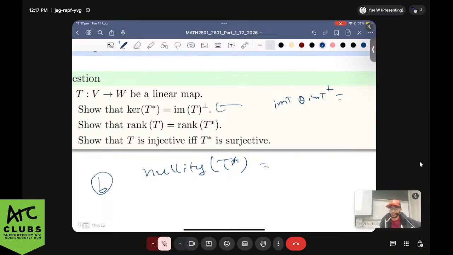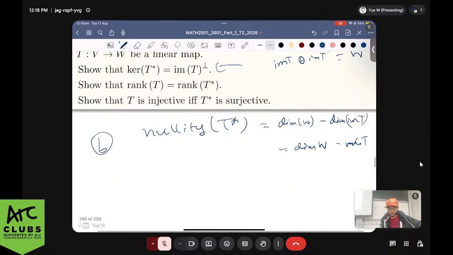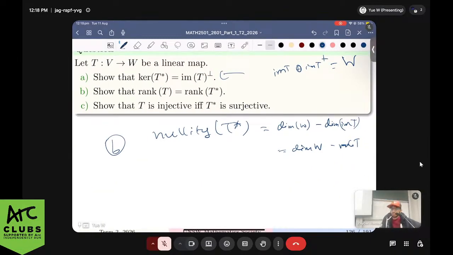It's not going to be V, because the image of T is in W. So it's going to be W. So the dimension of the orthogonal complement is the dimension of W minus the dimension of the image of T, which is dim W minus rank T. Now rearranging, you get rank T equals dim W minus nullity T star.